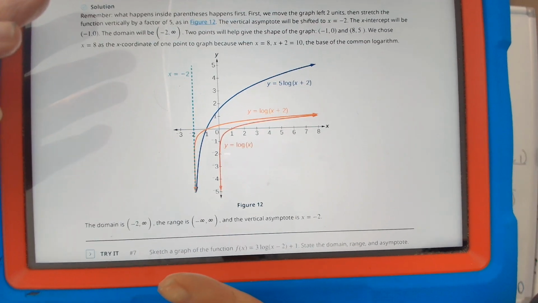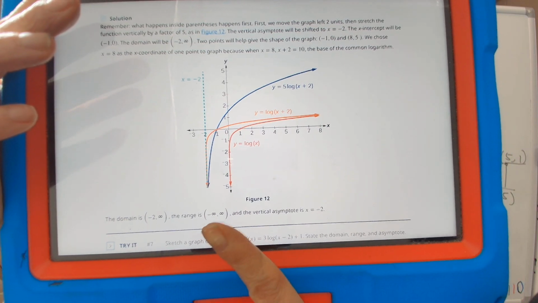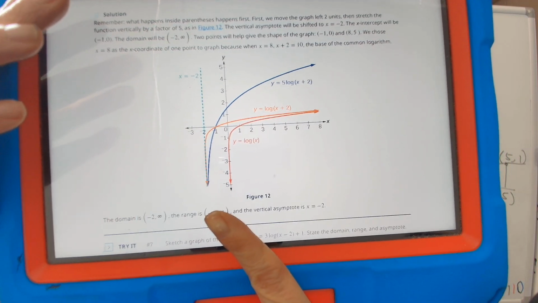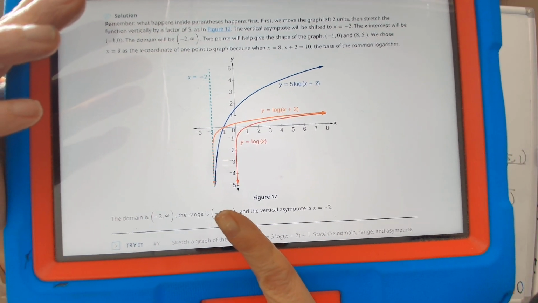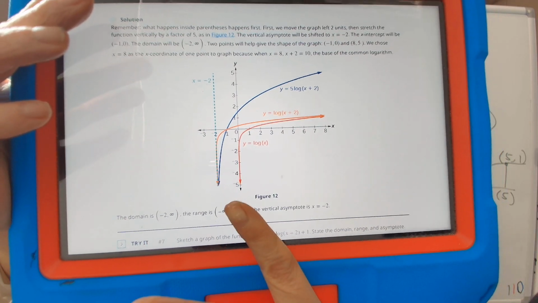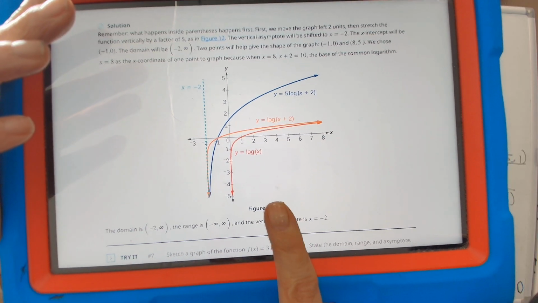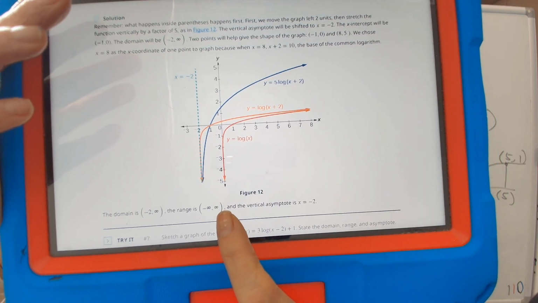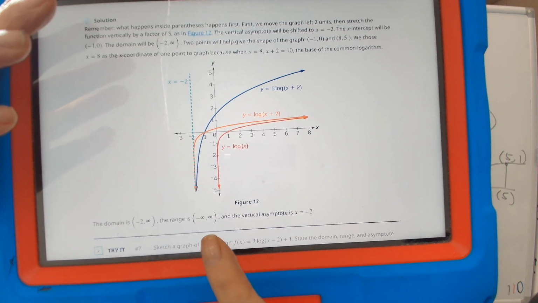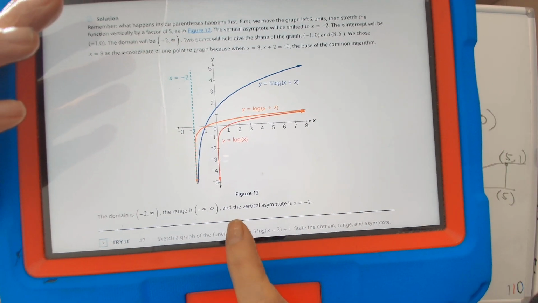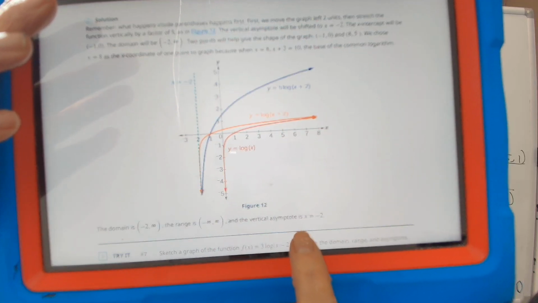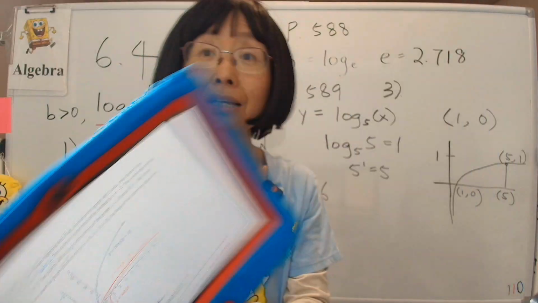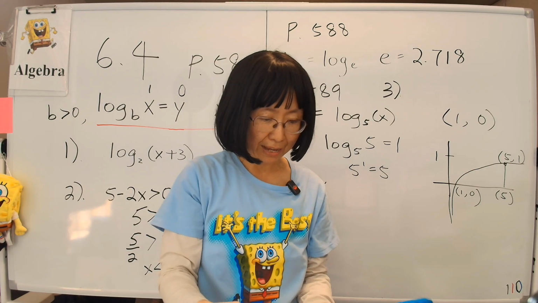So when you shift left, the asymptote shifts along with it. The domain is now shifted to from -2 to infinity. But the range doesn't change, okay? The y value can still go from -infinity to infinity. And the new asymptote is at x equals -2. And that's about all there is to say to that.